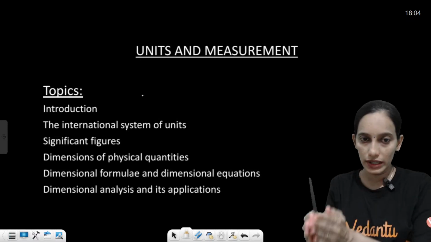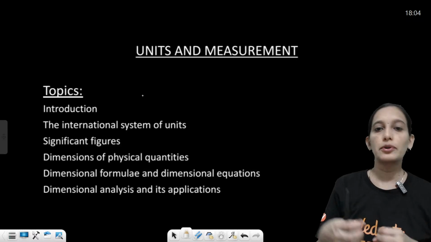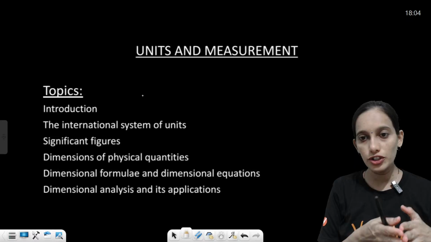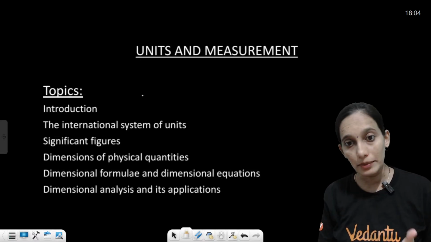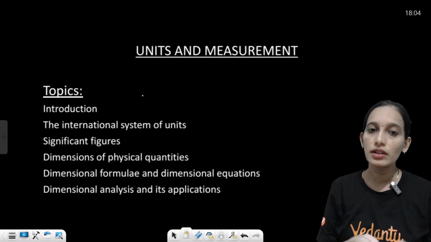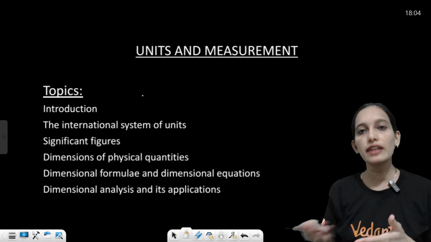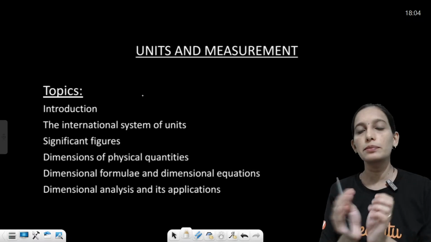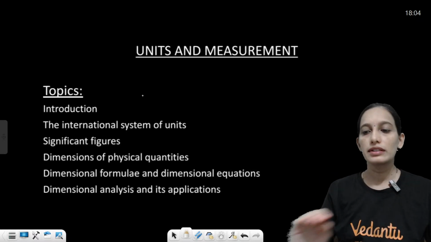The other one is dimensional analysis: what a dimension is, how to get the dimension of a physical quantity, and what the uses of dimensional analysis are. That can be the broad classification of this chapter.